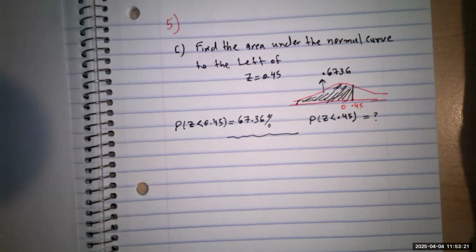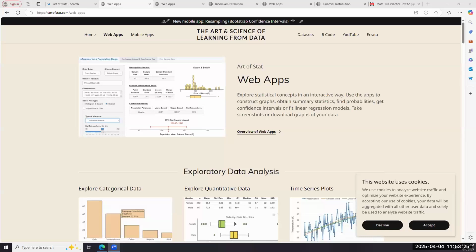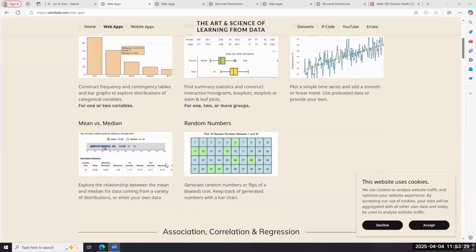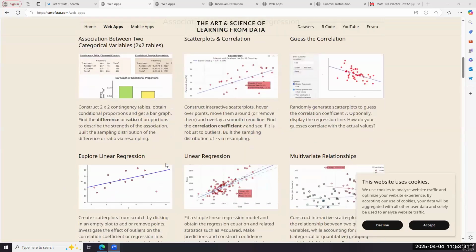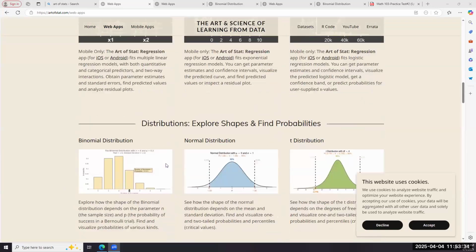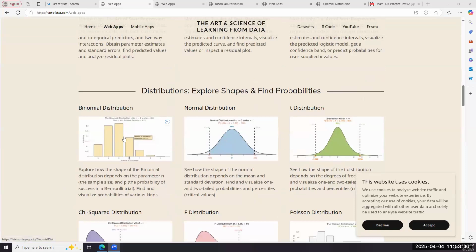This is the Art of Stats that we have. This time you have to go down to the normal distribution. The first one was binomial, but this is the normal distribution.